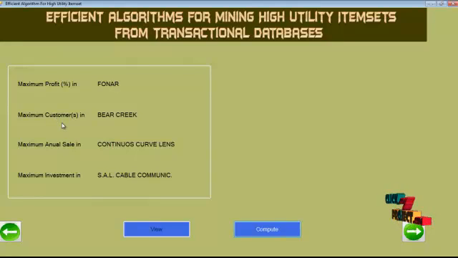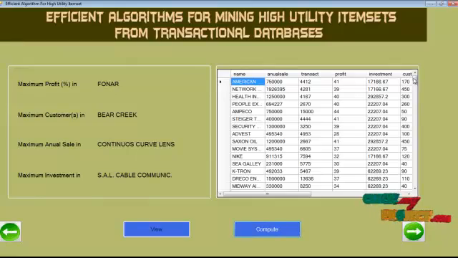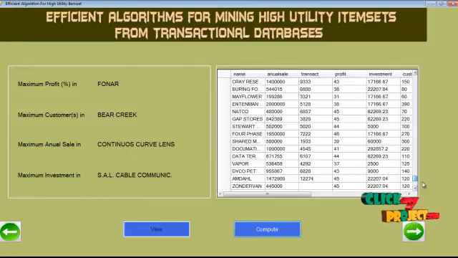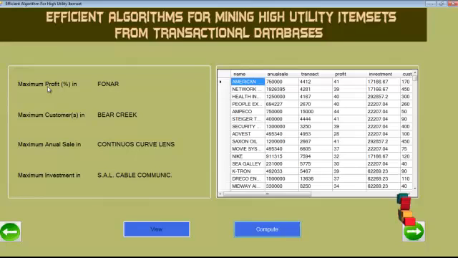Then we can calculate which product will have the maximum annual sale rate. After that, we can determine the product in which the maximum investment was made. Let's compute. Now we cluster the transaction database by various factors such as maximum profit, maximum customer, maximum annual rate, and maximum investment. Let's proceed.